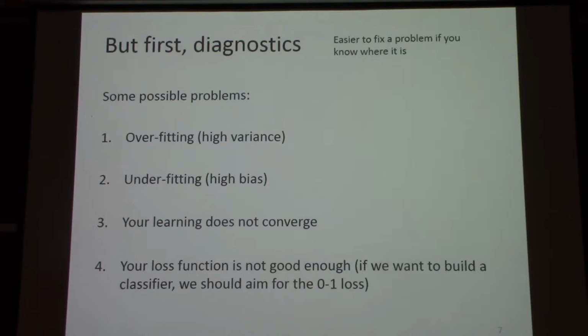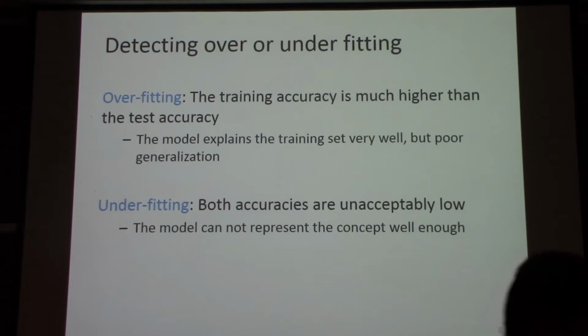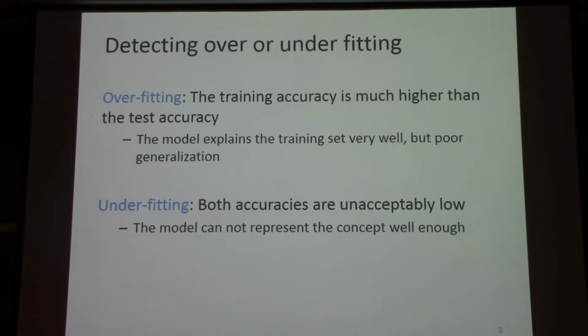So let's look at some methodical ways of detecting these various problems. Just to remind you, your classifier overfits when your training accuracy is always higher than the test accuracy. In other words, you have a model that explains the training data so well that it only explains the training data. The classifier that overfits the most is a table lookup.